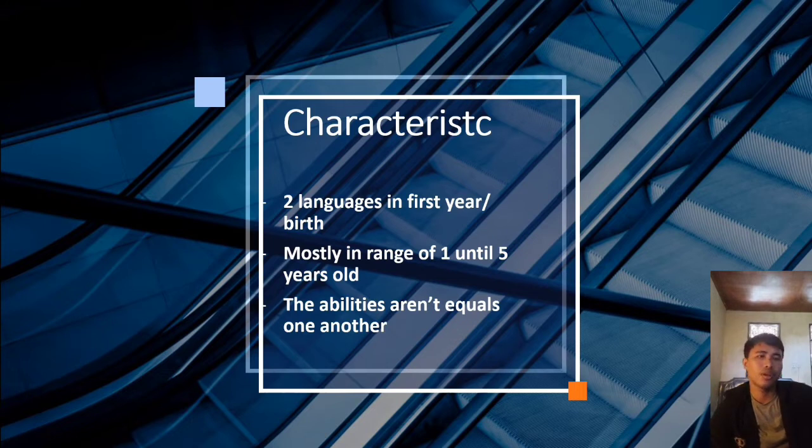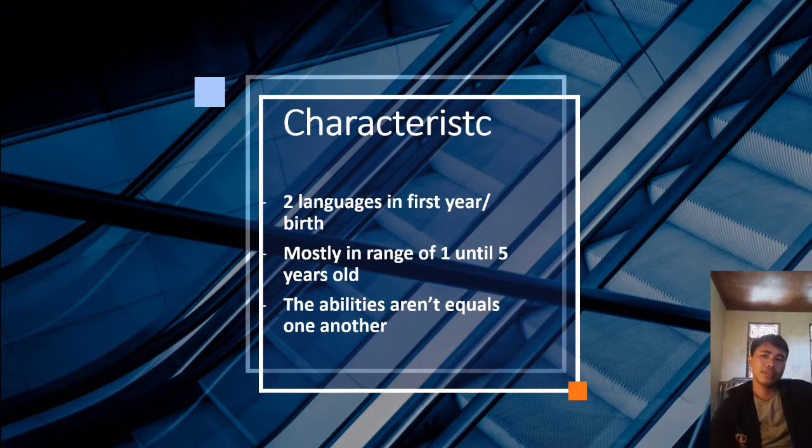Most of them are able to speak in the range of 1 until 5 years old, and they have abilities in both languages, but they aren't equal. It means their mother tongue and their second language are not equal. One of them can be better than the other one.